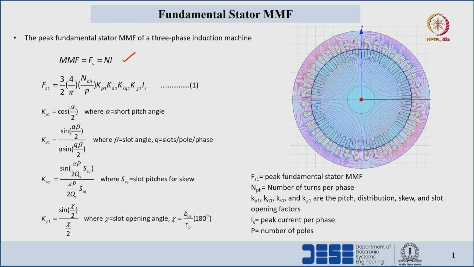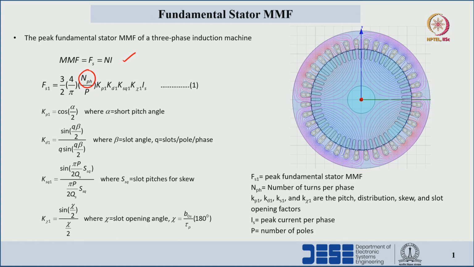MMF is equal to N into I. The fundamental stator MMF Fs1 is equal to N into I. Here N is the number of turns per phase, Kp1 is the pitch factor, Kd1 is the distribution factor, Ksq1 is the skewing factor, like the rotor skewing we have discussed already, and Kpsi1 is the slot opening factor.